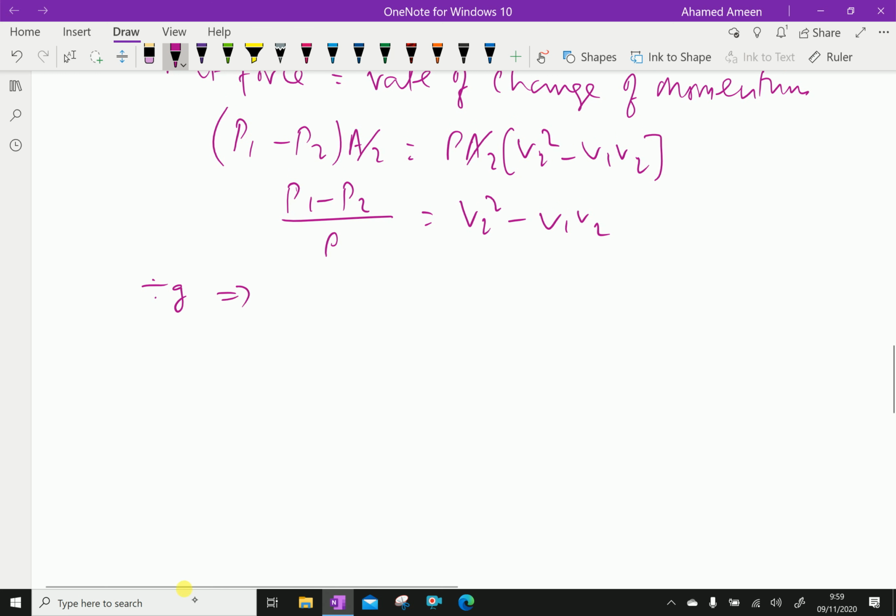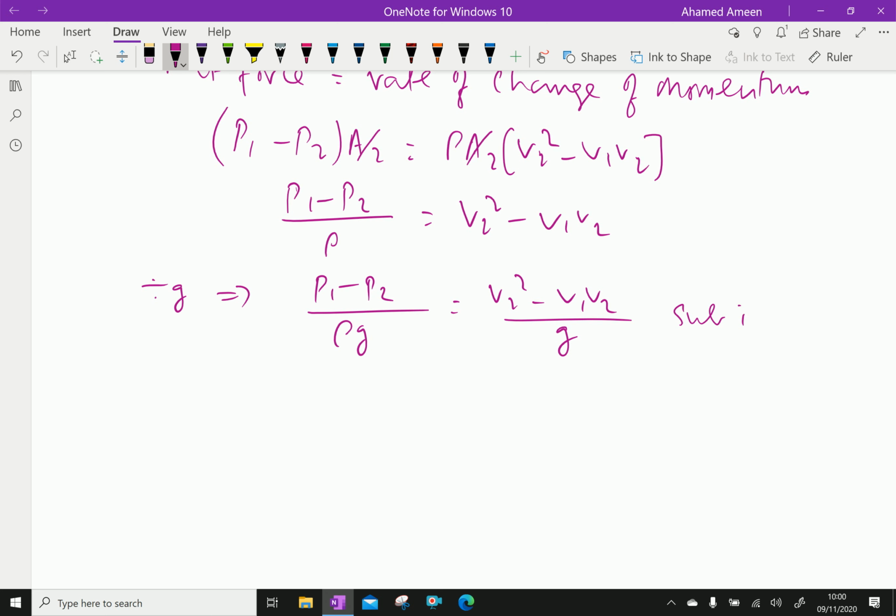Dividing throughout by g, we have (P1 minus P2) by rho g equals (V2 squared minus V1 V2) by g.